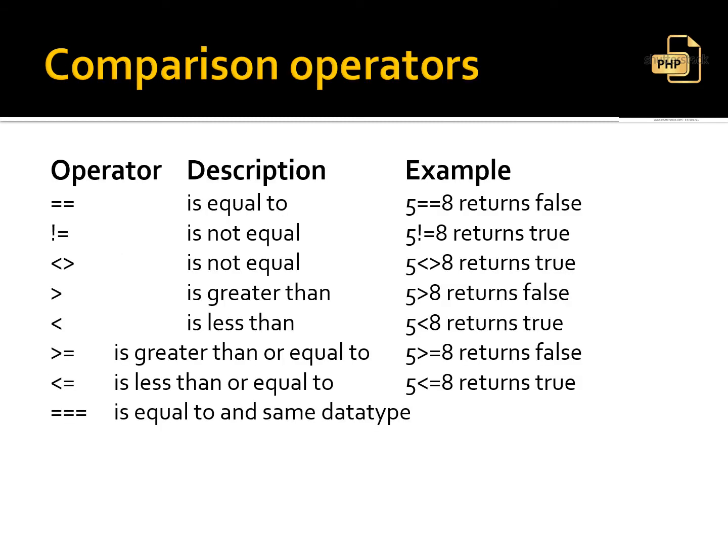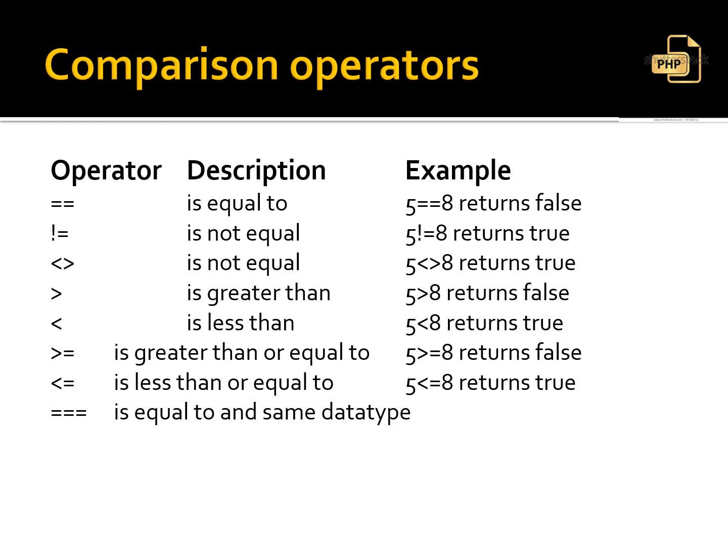Now we can see the comparison operators in PHP. Like other programming languages, here also some comparison operators are there. Equal to is used to compare the value of the left hand side and right hand side. Then not equal to is used to compare two values on the left hand side and right hand side.